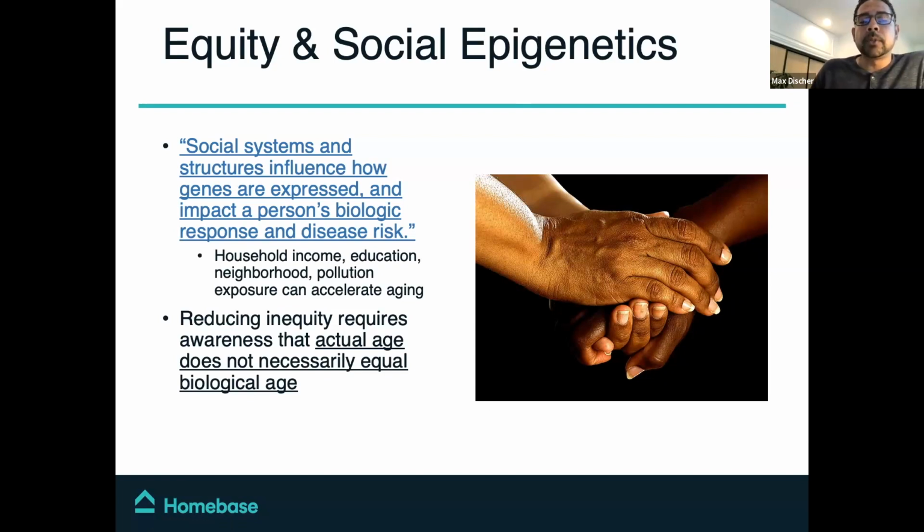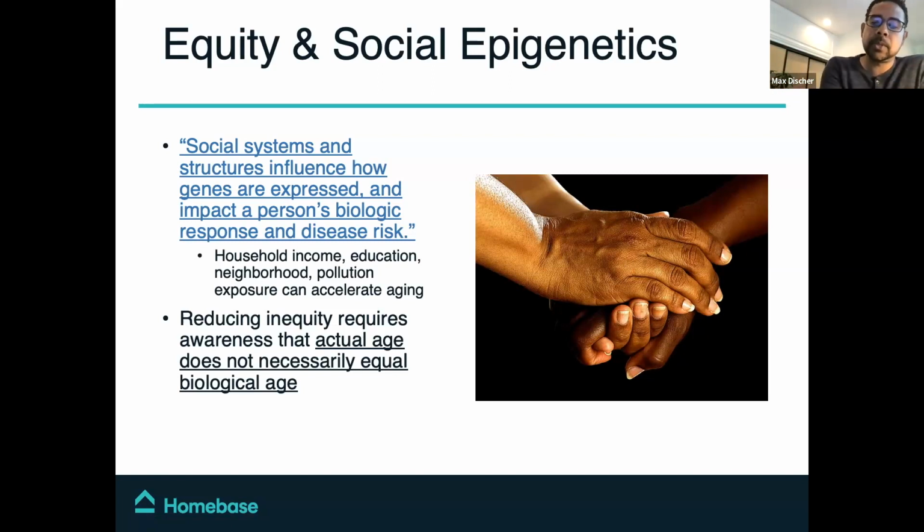So certain social indicators like household income, education, one's neighborhood, their geographic location, and pollution exposure, all of these things can actually accelerate the biological aging process. So it's really important to remember that actual age does not necessarily equal biological age.